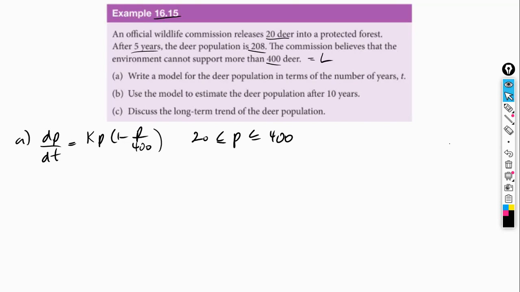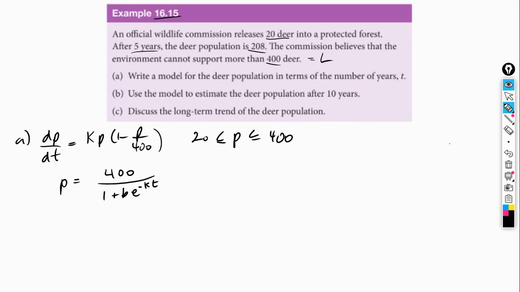From the previous example, we know that the solution to this type of problem is going to be in the form P equals L, in this case 400, over 1 plus an arbitrary constant B times e to the minus kt.